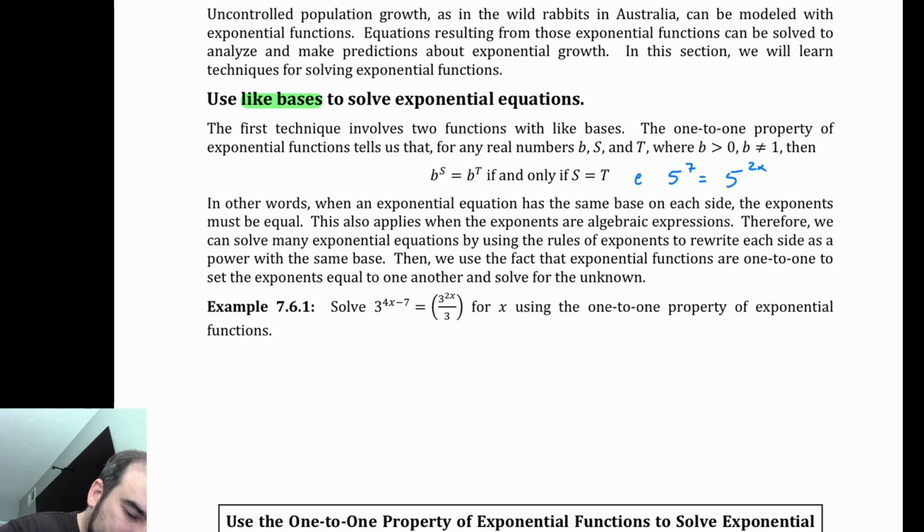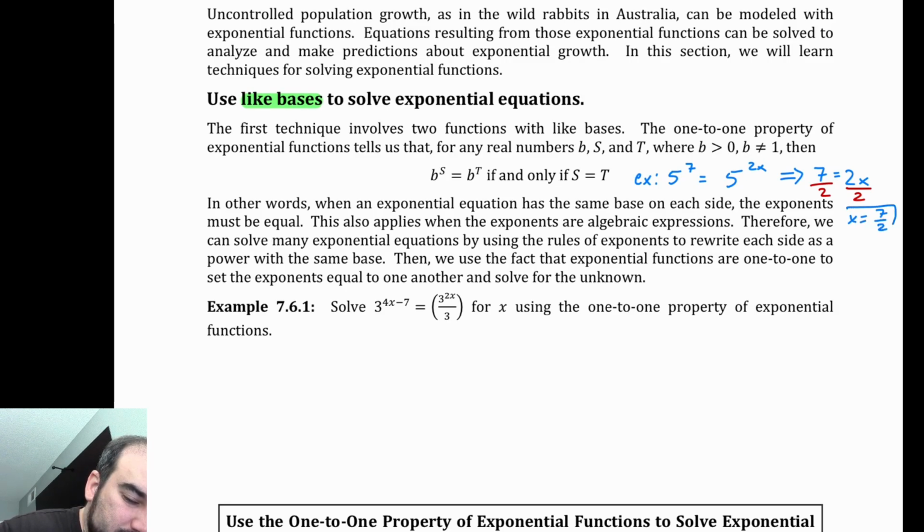So we'll do an example here. Because 5 to the 7 is equal to 5 to the 2x, we can get rid of those bases and just say that these exponents, 7, must equal 2x. And then from there, we can solve for x, right? We could just divide both sides by 2 and say that x is equal to 7 over 2.